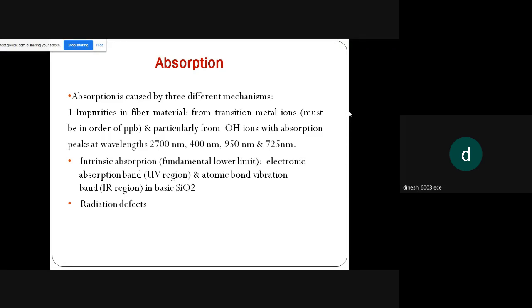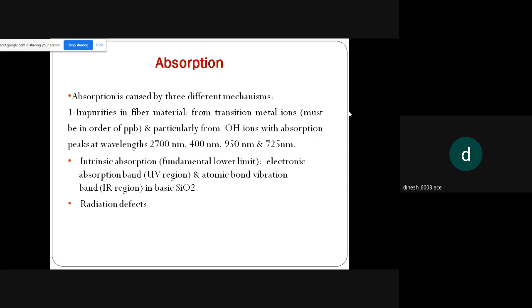When you add these OH ions in the fiber fabrication, you should add them carefully, or else they will create more absorption, and more of the light wave traveling along the fiber gets absorbed. In turn, the light wave which is passing inside the core gets refracted away. So the wavelengths given here are especially for the OH ions that are used as dopants in fabrication of the fiber material.